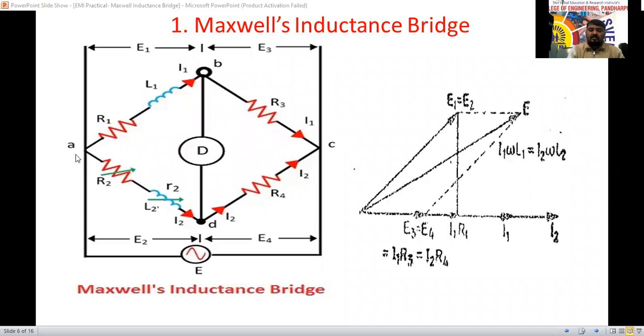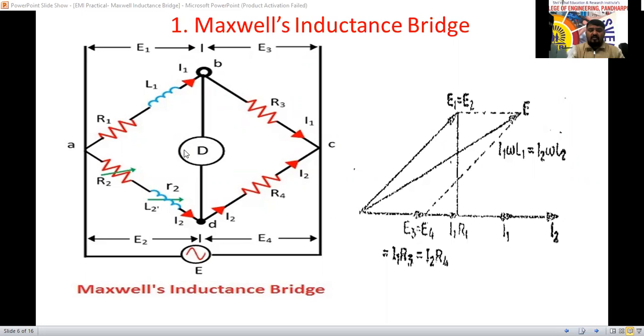And if the potential difference from A to D and D to C is also equal, then also the bridge current is 0. So ABC equal to ADC, then we can say the bridge is in balanced condition.